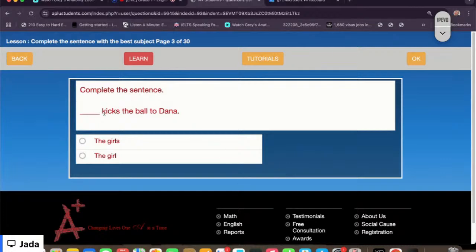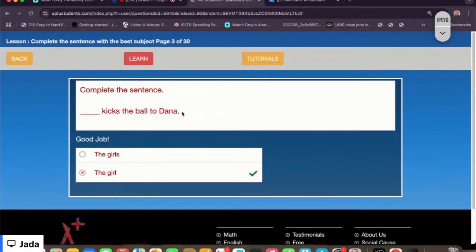All right, so kicks, it's with S. So it will be what? A one subject. So the girl kicks the ball to Dana.